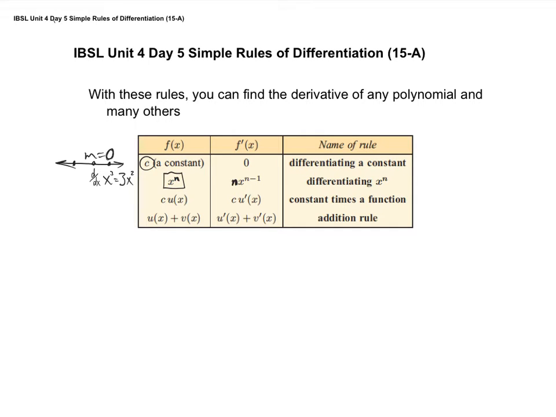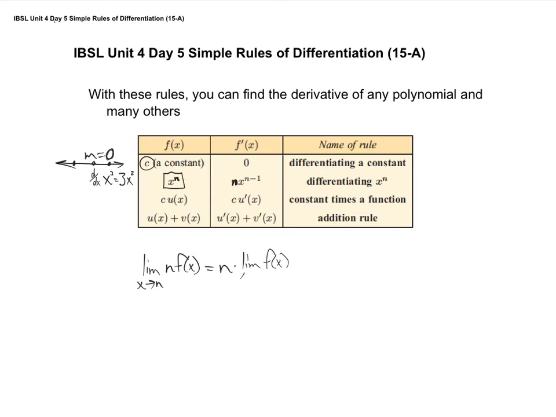Then we have two rules that are derived directly from our limit rules. If you recall, the limit as x approaches some number, we'll say, of n times a function, is going to equal n times the limit of just the function.